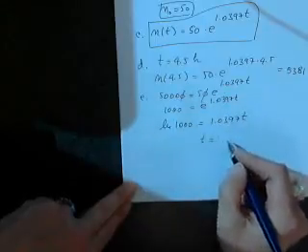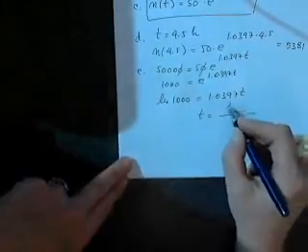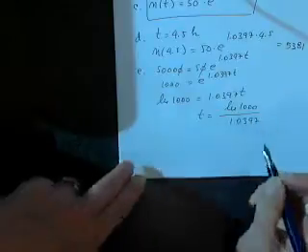So natural log of 1,000 equals 1.0397 t. Therefore, t equals natural log of 1,000 divided by 1.0397. I got 6.6 hours roughly.